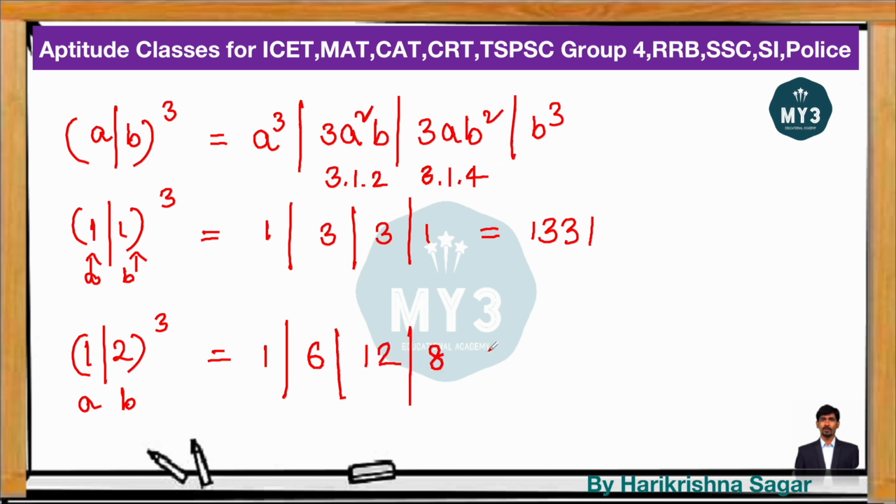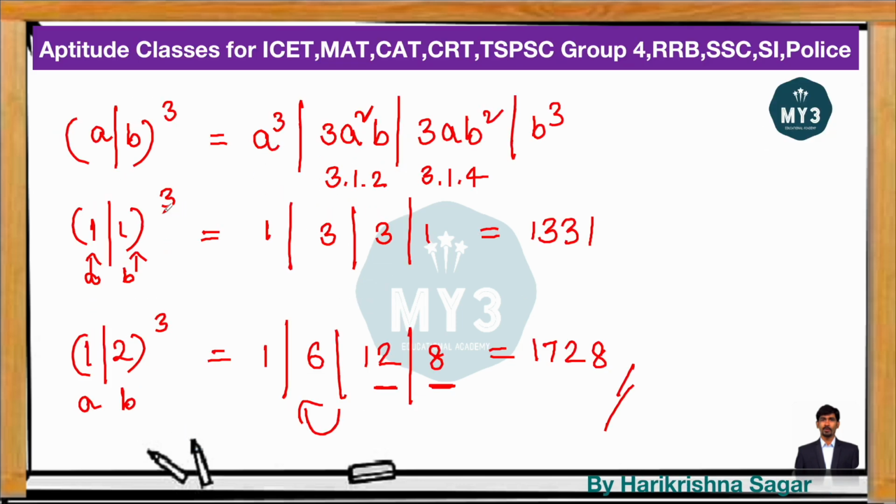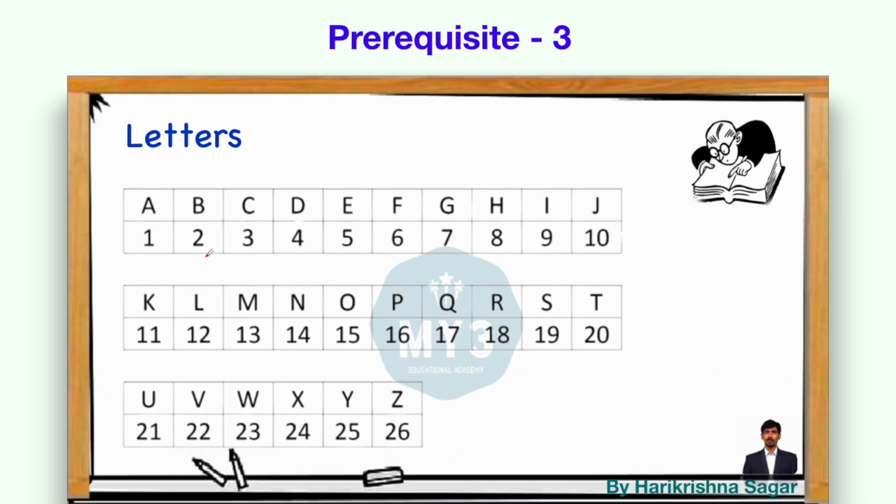This is not giving our final result. As I told you previously, take the last digit. Again take the last digit. Send the remaining thing as carry to the next number. 1 plus 6 is 7. Keep the leftmost digit as it is. The answer is 1728. 12 cube value is 1728. So like that we can find out the cube of any 2-digit number using this formula of (a plus b) whole cube.